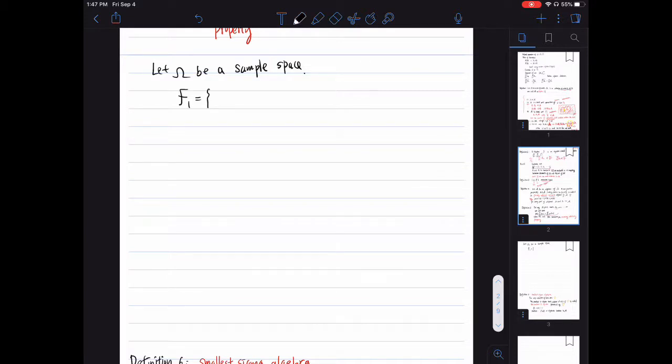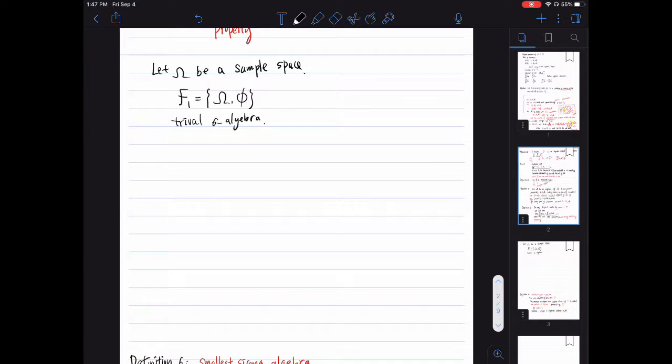So the first type, F1, is very trivial. We have omega and its complement, so that in this set we satisfy the fact that the complement of each subset is still contained in this collection, and we call this a trivial sigma algebra.